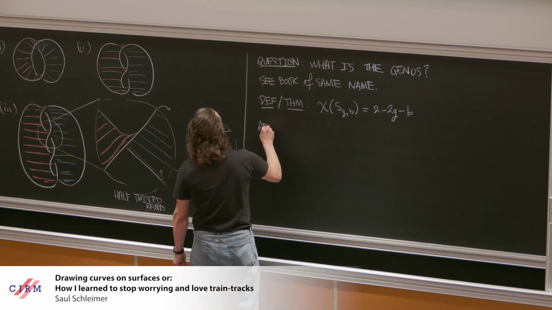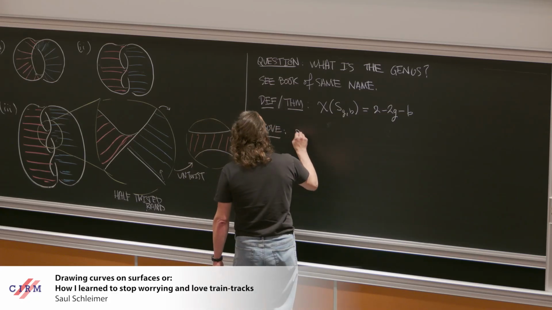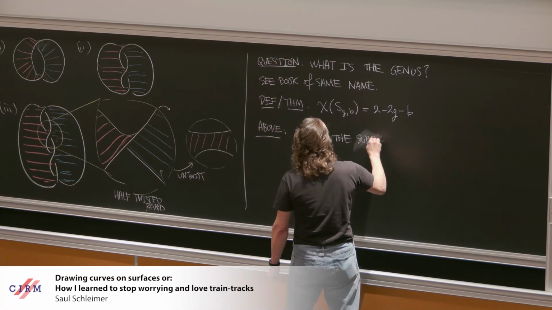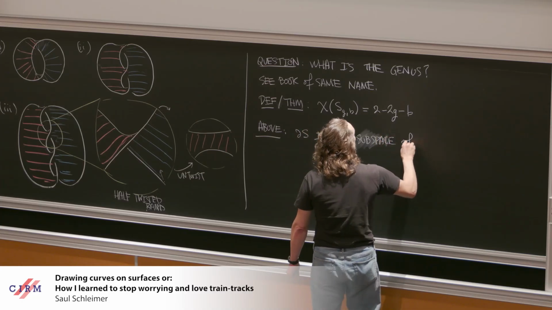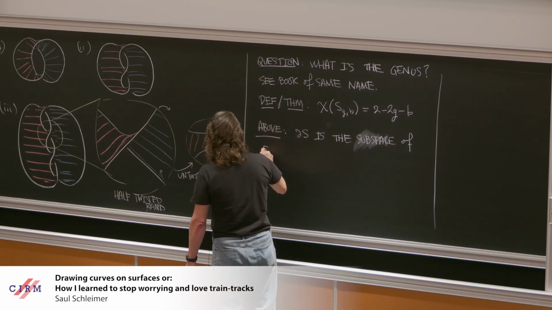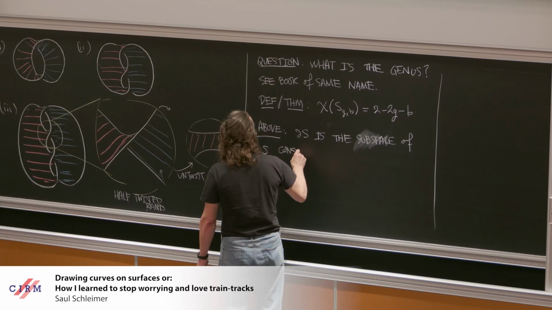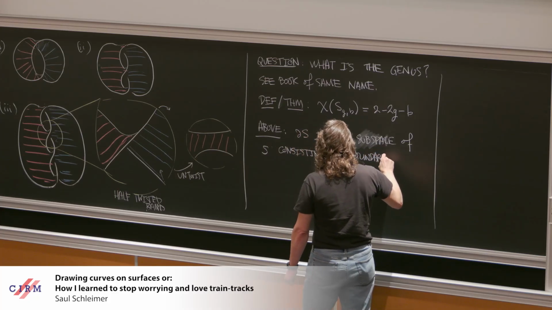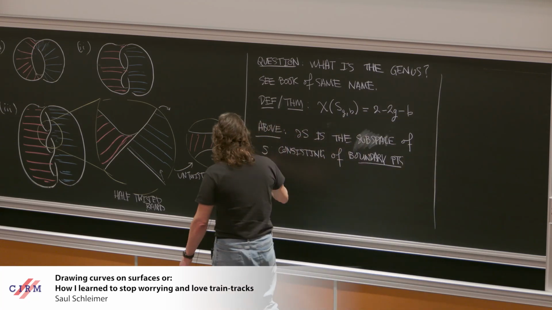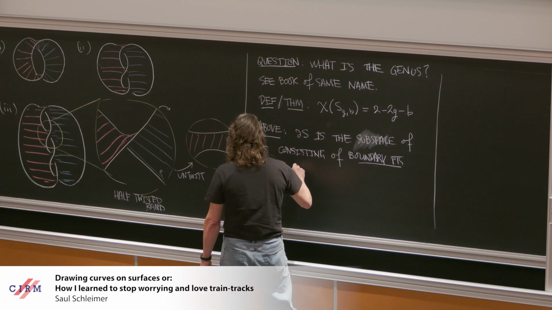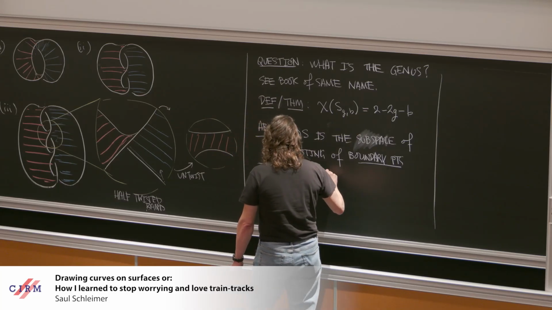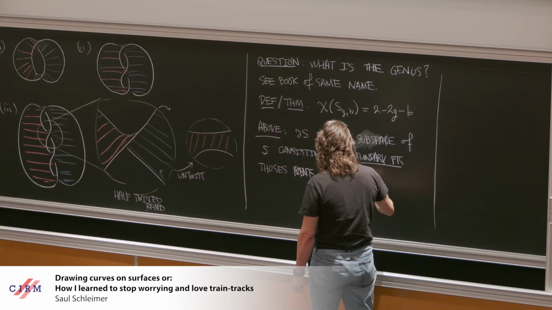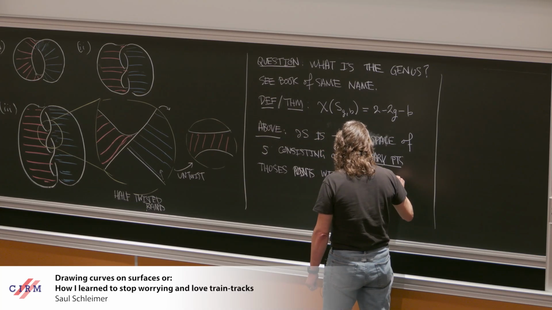So above, the boundary of S is the subspace of S consisting of boundary points, those points without an open disk neighborhood.